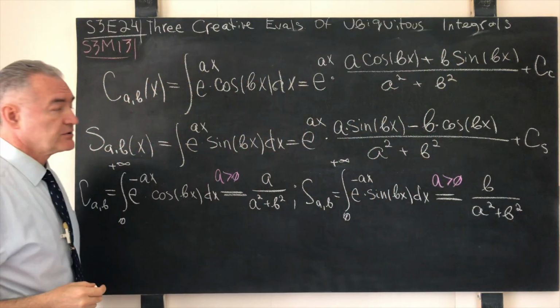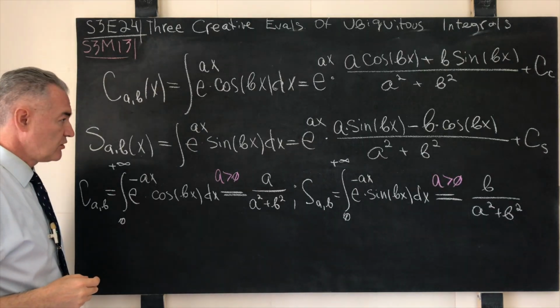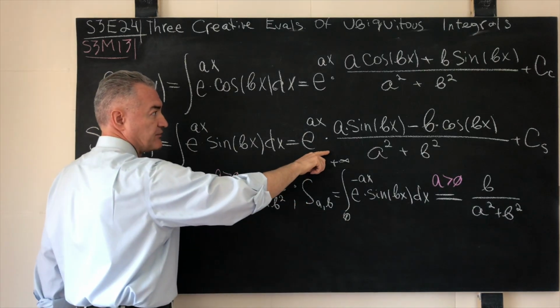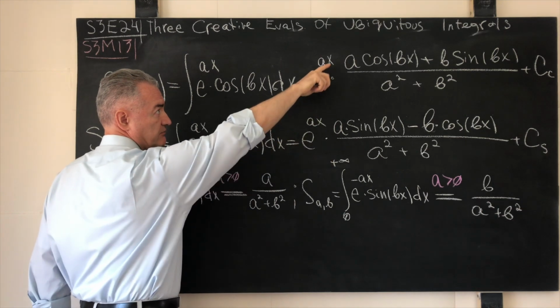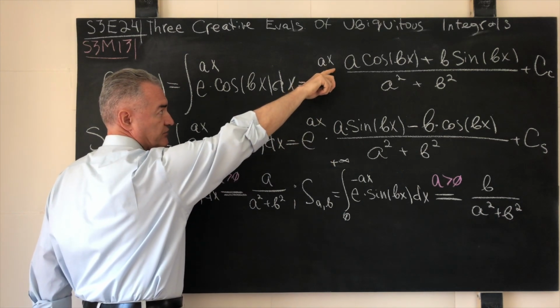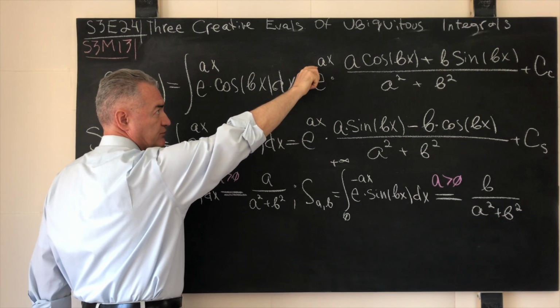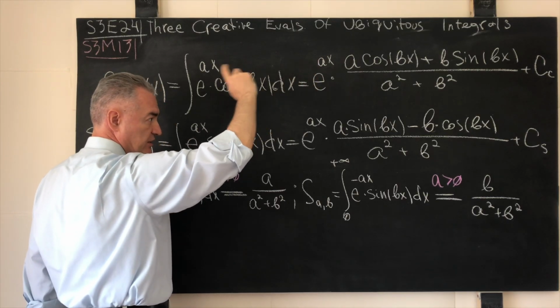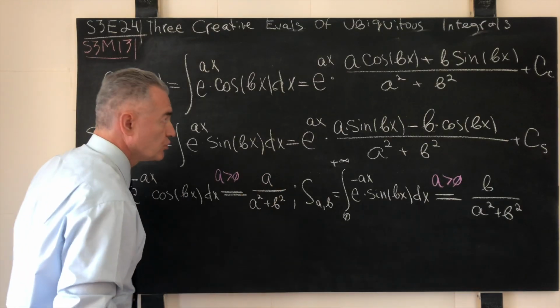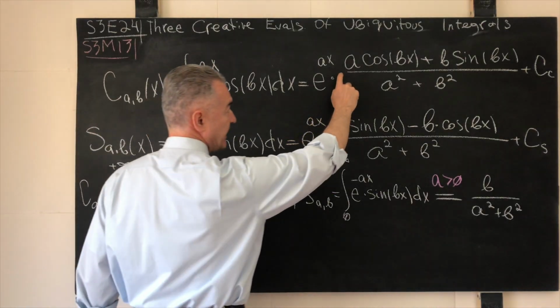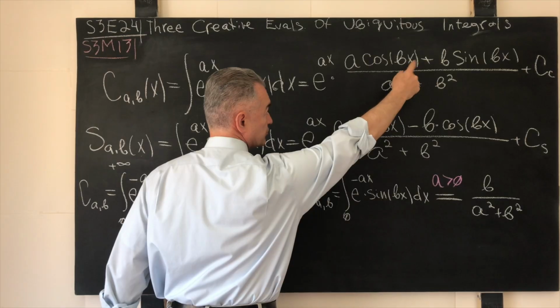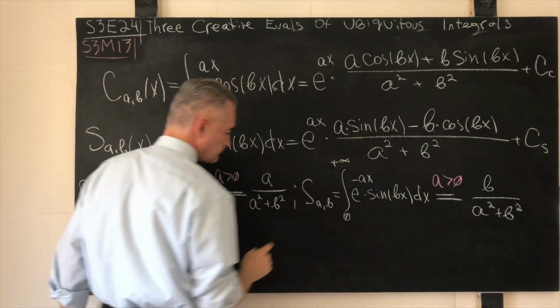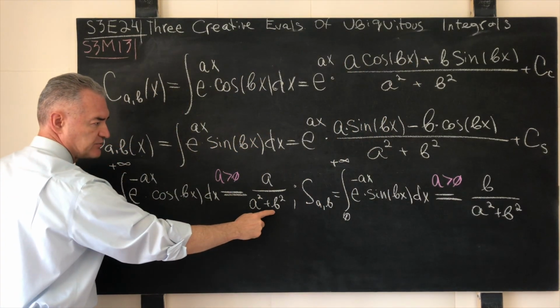And when we take the limit of our results when the variable x tends to positive infinity, e raised to the power minus ax overpowers everything. The result vanishes to 0. So in the first case, we have minus a times cosine of 0 is 1. We have a over a squared plus b squared.